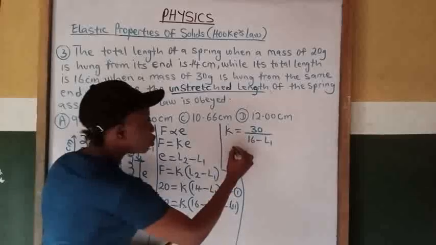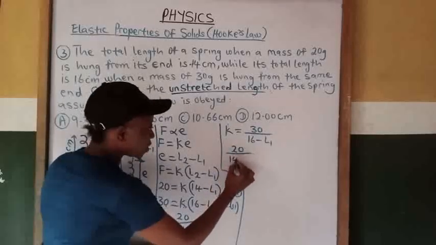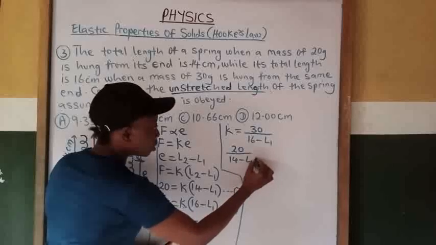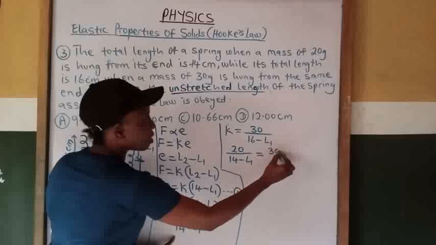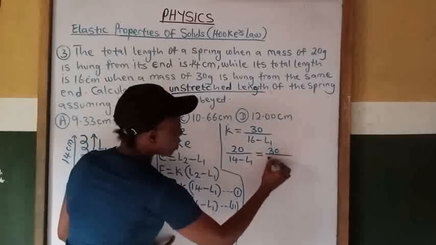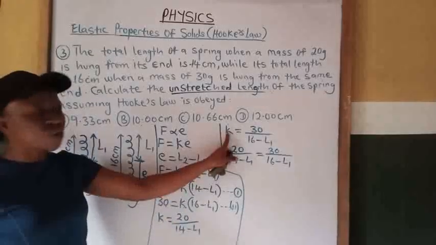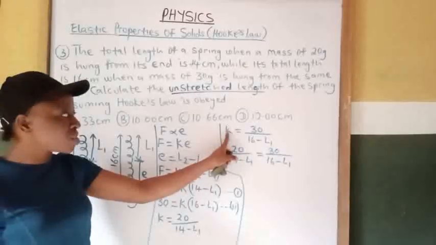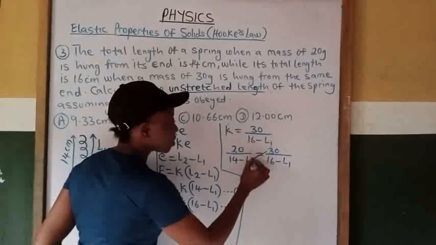Therefore, 20 divided by (14 − L1) = 30 divided by (16 − L1). Since the constant is constant, K equals K, so we cross multiply.